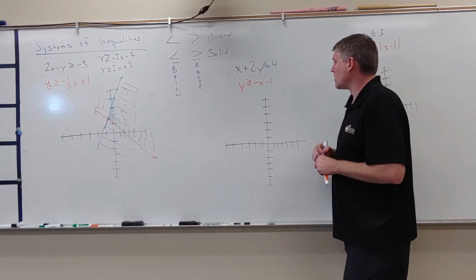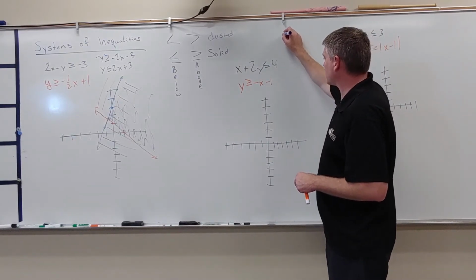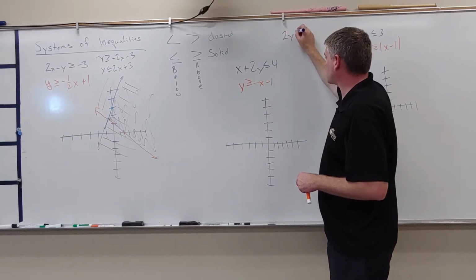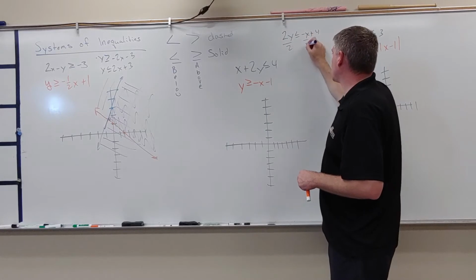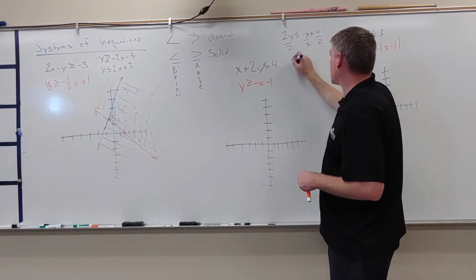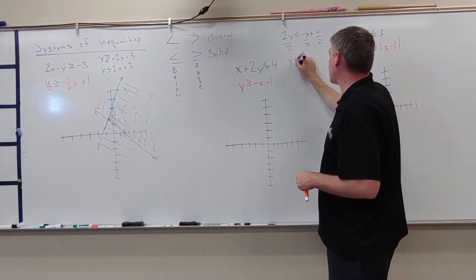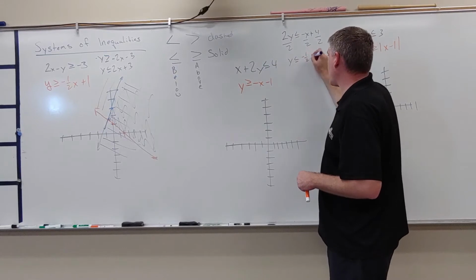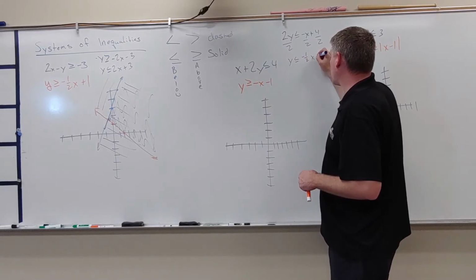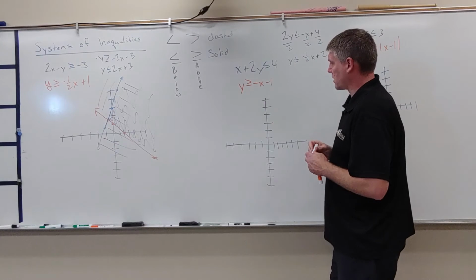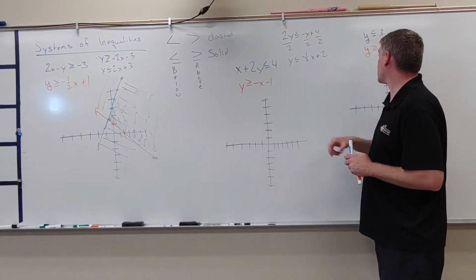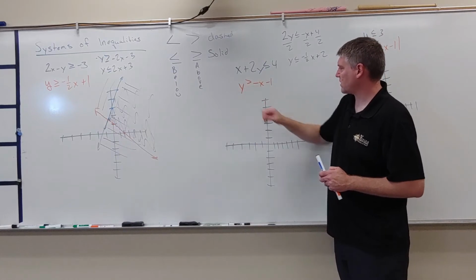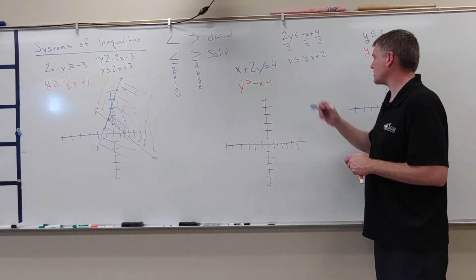So once again, we want to solve here. So I'm going to subtract my x over. Okay, I'm going to divide by 2. I'm going to get y is less than or equal to negative 1/2 x plus 2. Okay. Now, I'm going to go ahead and graph this. I'm actually going to make this one strictly greater than, so we can see that dash.